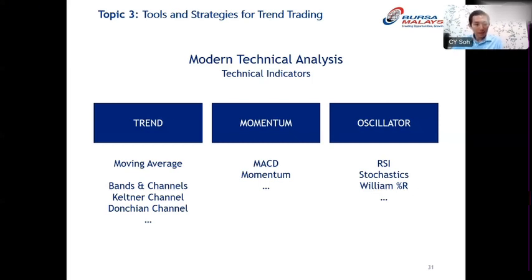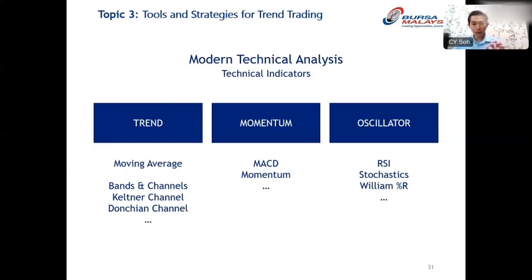All right. In fact, if you were to refer to technical analysis books, or even some websites, the definitions might have some overlap, because trend indicators, simply speaking, are anything that you can put on the price chart itself.